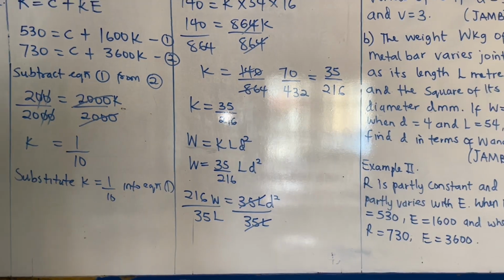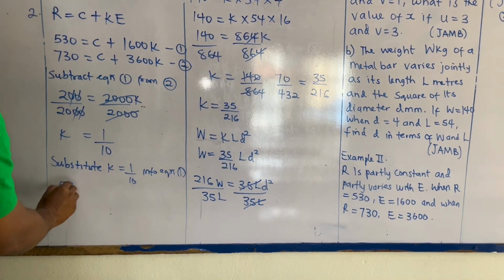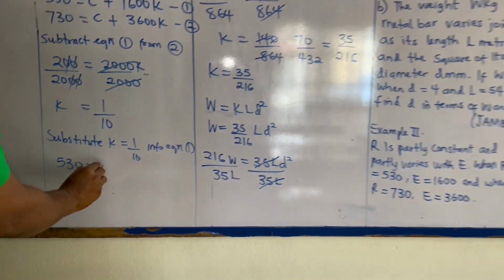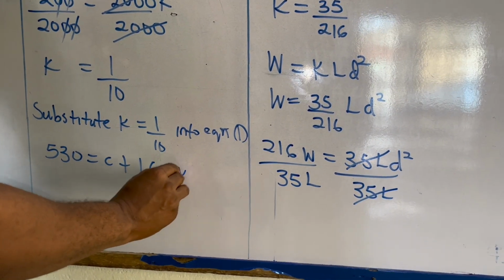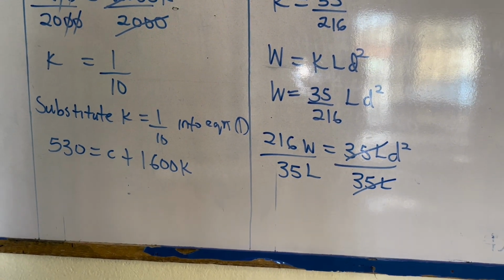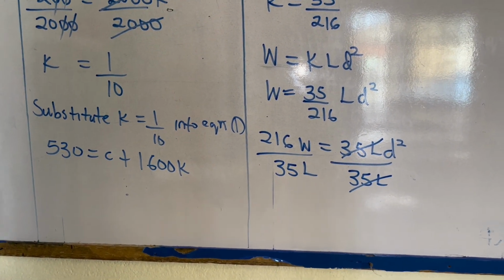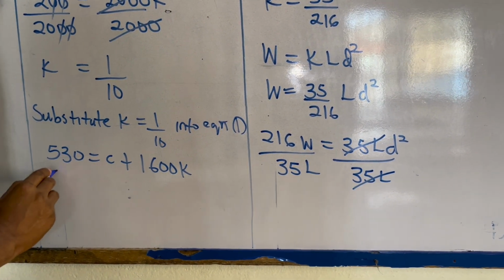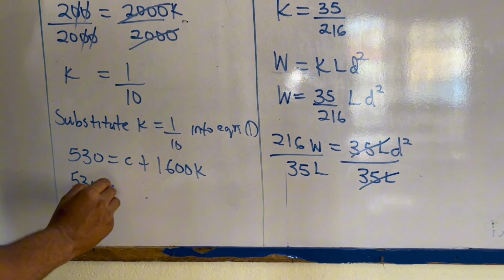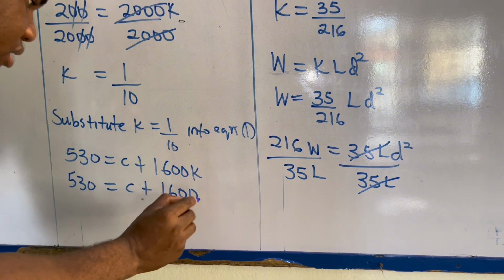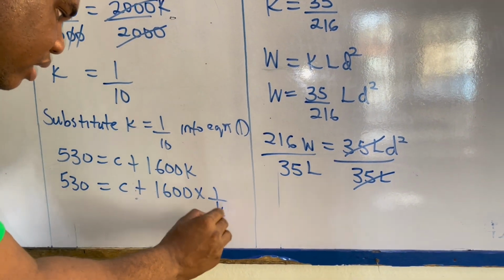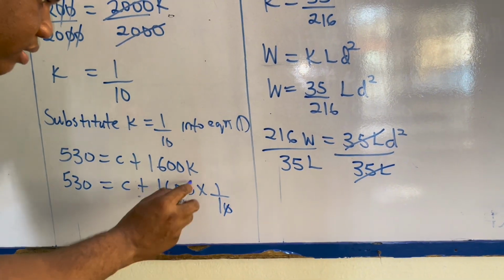So now equation 1 is 530 is equals to C plus 1,600K. Now the K will turn to 1 over 10. So we have 530 is equals to C plus 1,600 times 1 over 10. So 0 cancels 0.